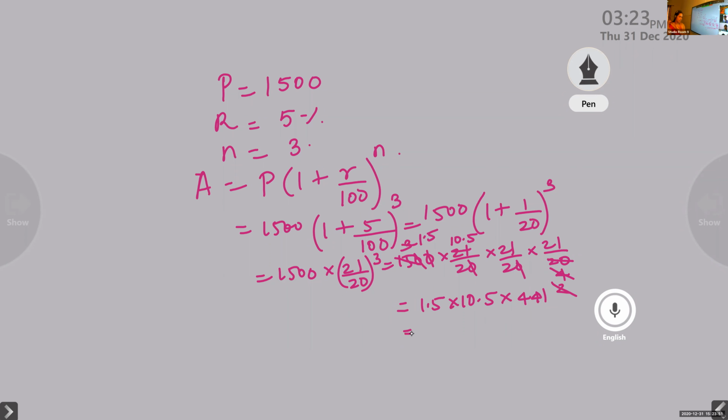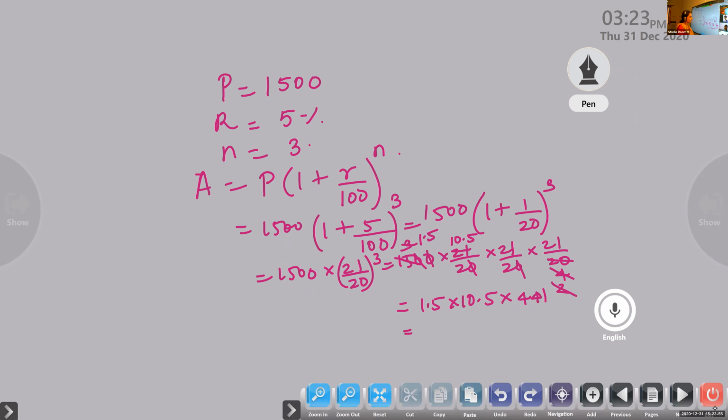So this is where we stopped earlier, isn't it? And I asked you to do the calculation. Check it. Now do the calculation once again and find out what is 1.5 into 10.5. What is 1.5 into 10.5?